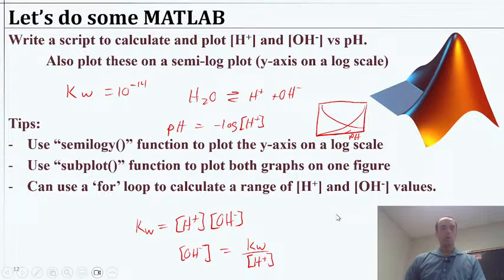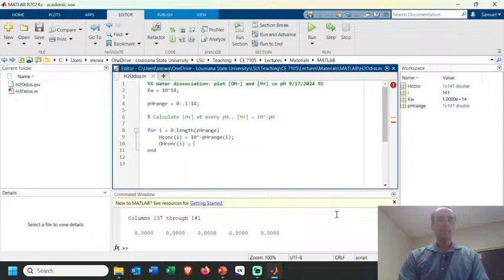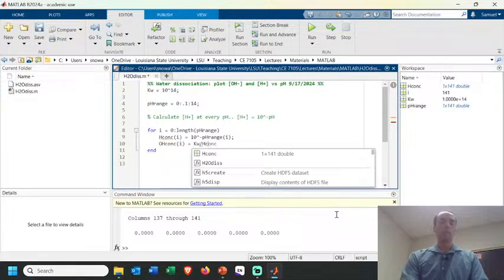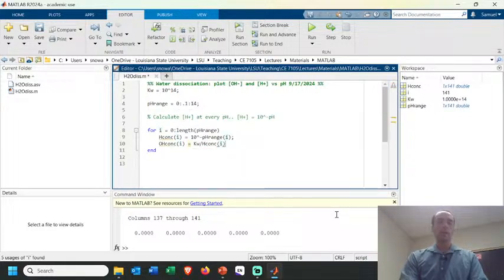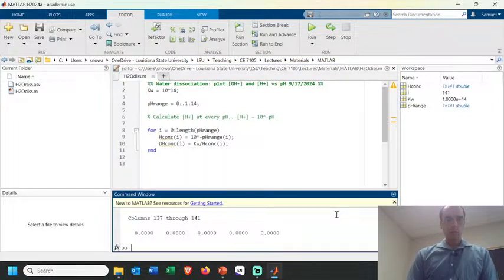So here we can simply say this is equal to Kw divided by, we can actually just use the hconc that we just calculated at I. So we calculate the H plus and then we calculate the OH minus based on that. And then we get to plotting. Assuming that's working so far, let's just do a quick check.